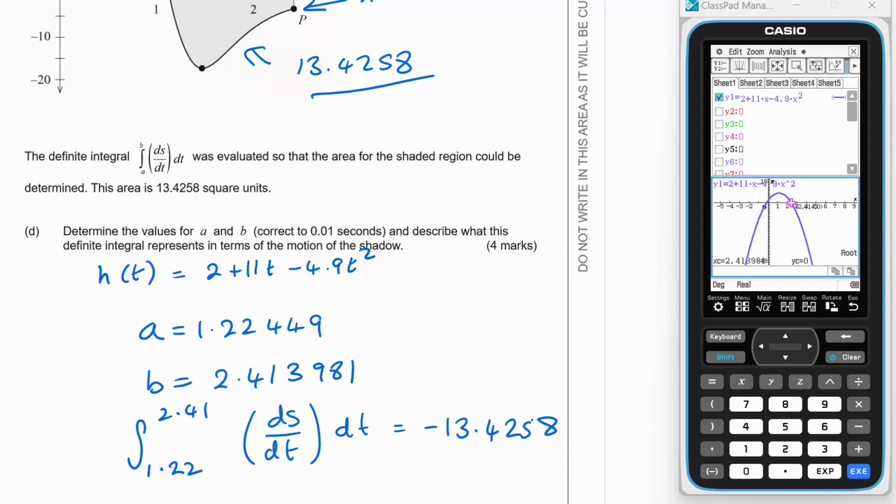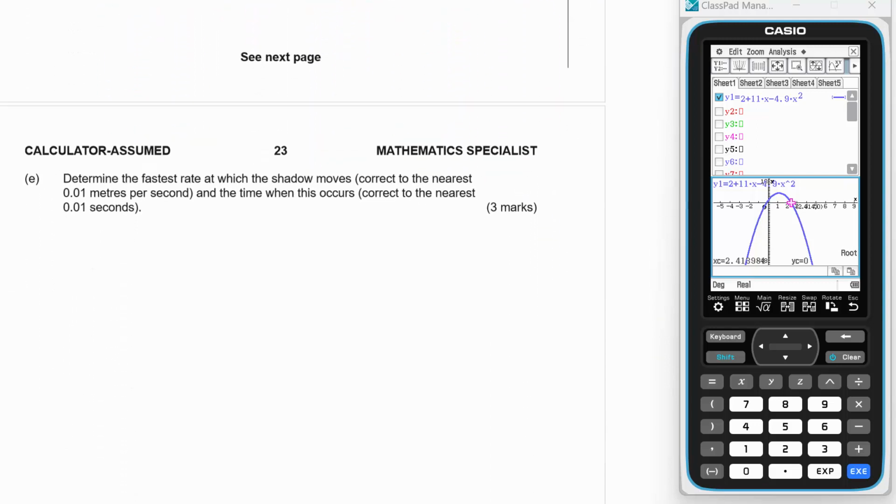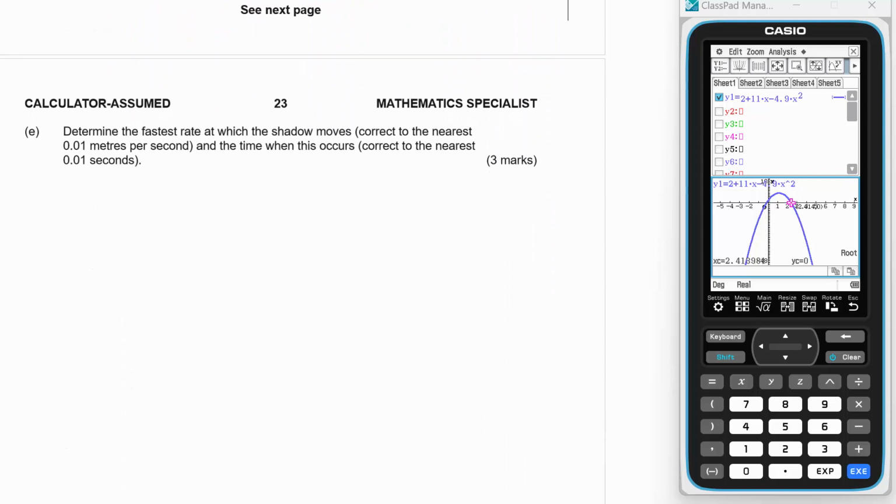And finally, because there's even more to this question, determine the fastest rate at which the shadow moves correct to the nearest 0.01 meters per second, and the time when this occurs correct to the nearest 0.01 seconds. Well, we have the ds/dt and we can fill it in with a few things now.